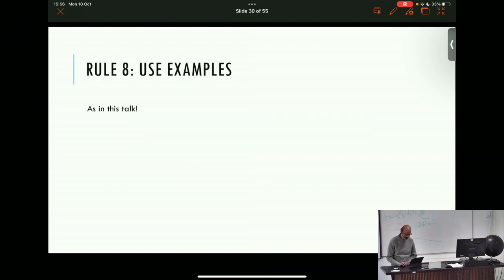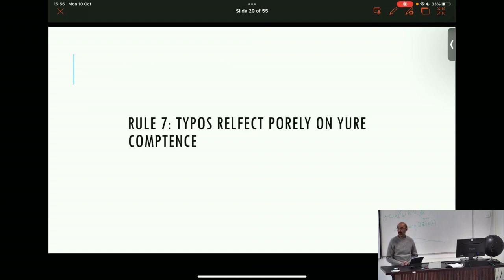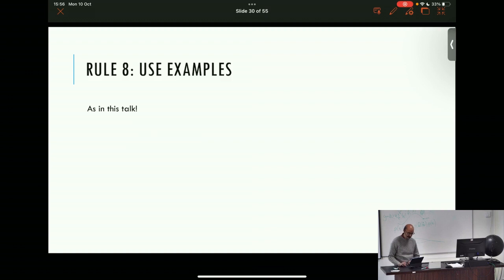Enough said. If you have obvious mistakes on your slides, why should I trust your results? If you haven't bothered to spell check your slides, I have no reason to believe that your results are correct. Use examples, right? It's much easier to convey an idea using examples than to give an abstraction.